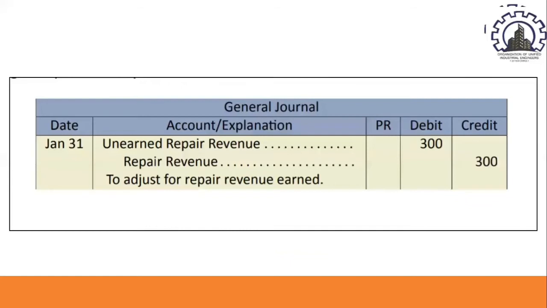Okay. Now, after posting the adjustment, okay, supposing we have already posted the adjustment, the $100 remaining balance in unearned repair revenue, calculated as $400 minus $300, represents the amount at the end of January that will be earned in February.